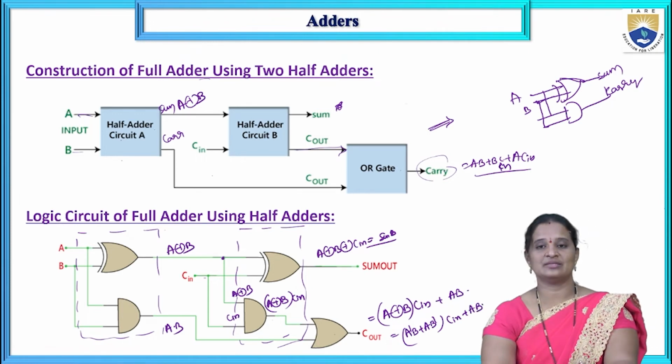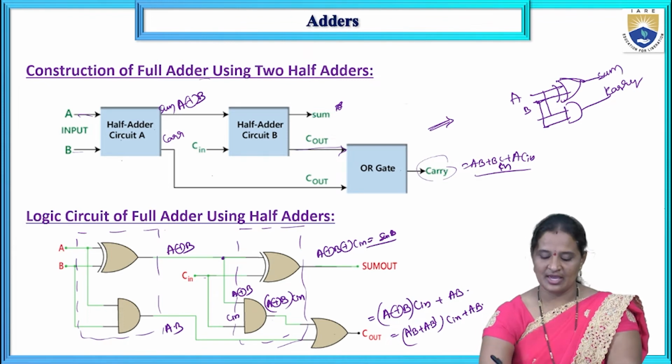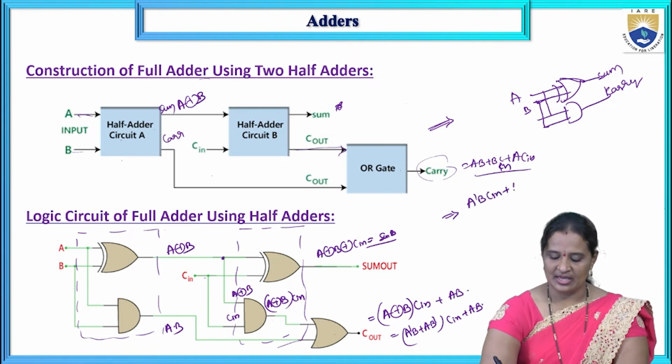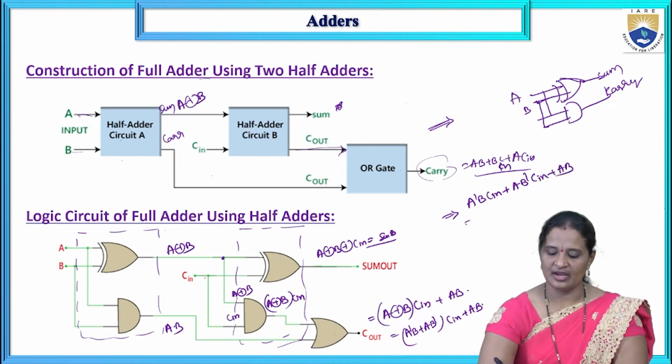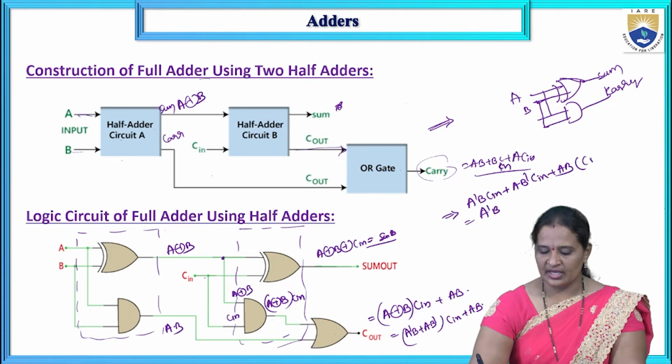Expanding further, A bar B Cin plus AB bar Cin plus AB, right? Now I'm going to multiply by Cin plus Cin complement.